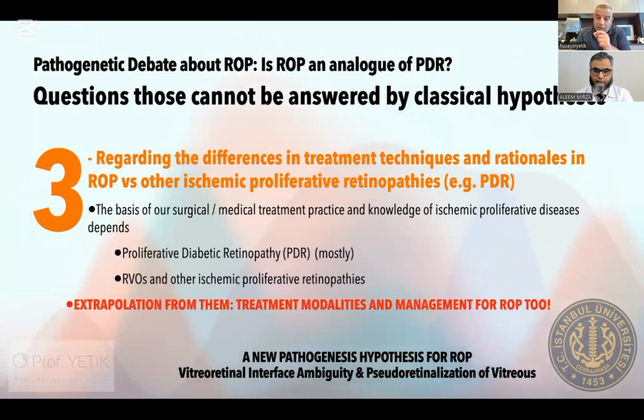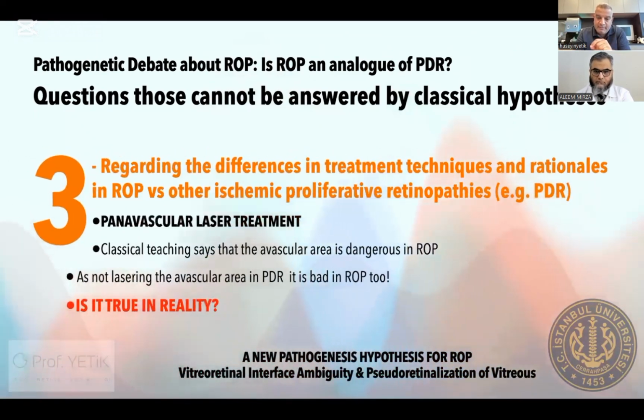So the treatment techniques also say that ROP should be a disease of itself, a unique disease, and ROP can resemble only itself.